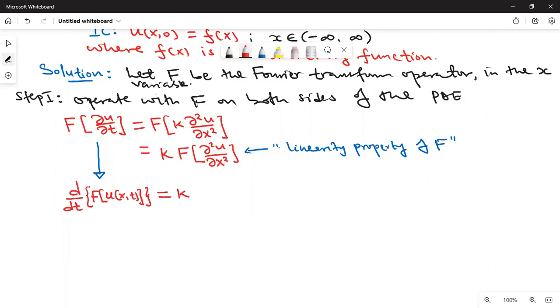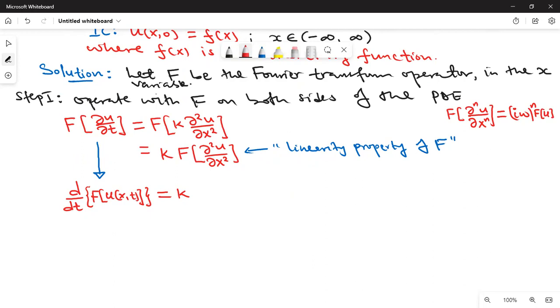When you transform a derivative with respect to x, you know that in general, the Fourier transform of the nth derivative of u with respect to x raised to n should always give you iota times omega raised to n times the Fourier transform of u. That's what you need to get in general.